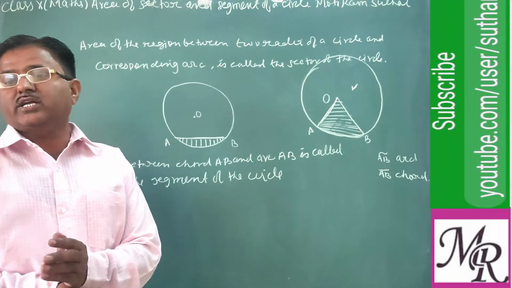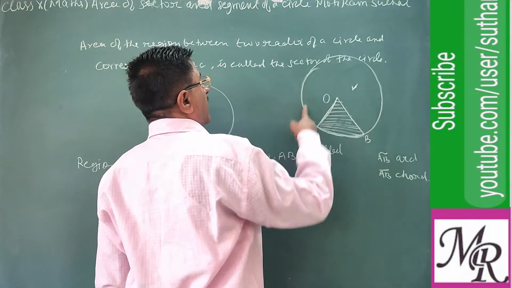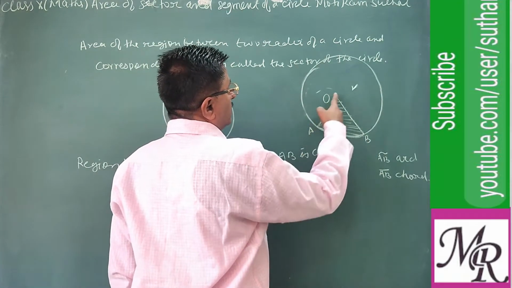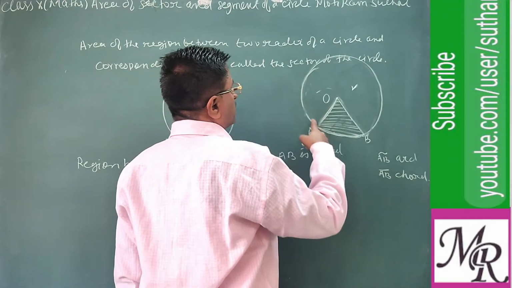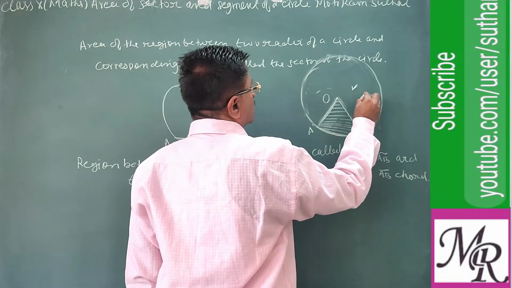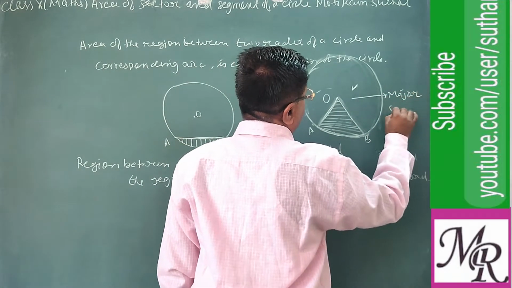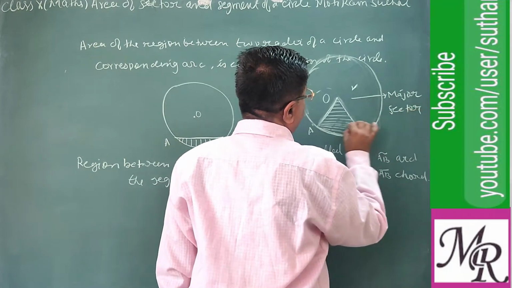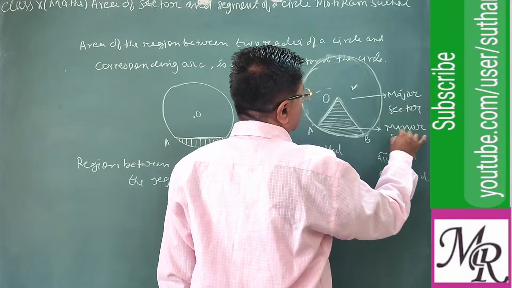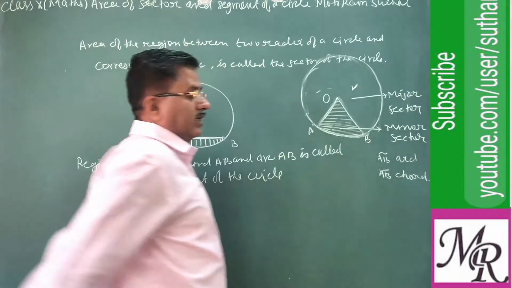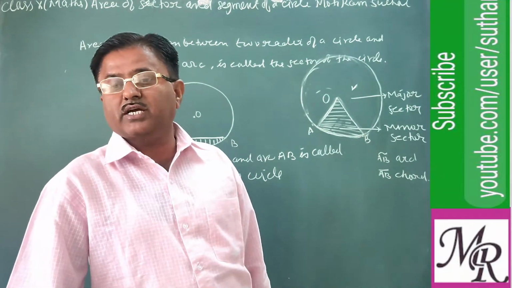So there are two sectors in a circle, because this is also the region between these radii, and this is the corresponding arc of the circle. So we call this the major sector, and this is known as the minor sector. So the meaning is clear, what is the minor sector and what is the major sector.